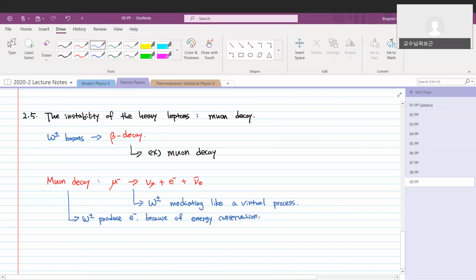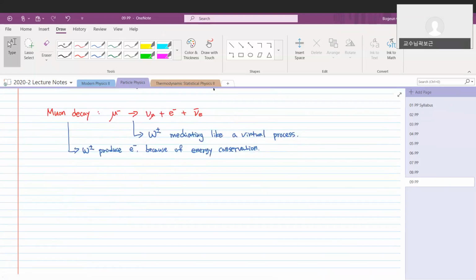So let's see muon decay. There are two processes about the muon decay. One, mu minus, just starting with the Feynman diagram.